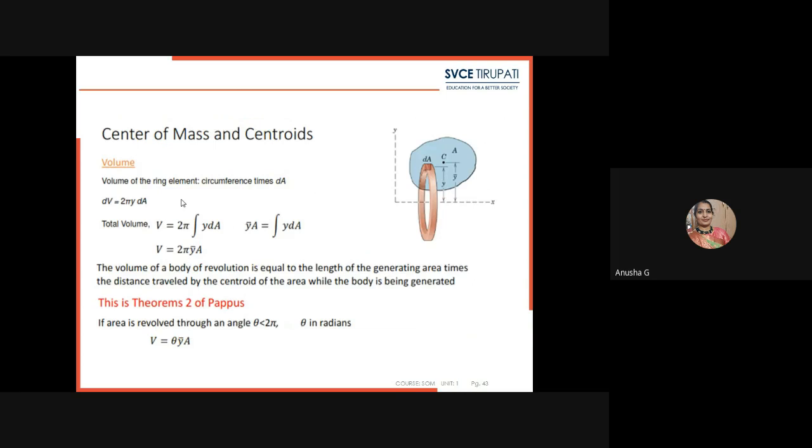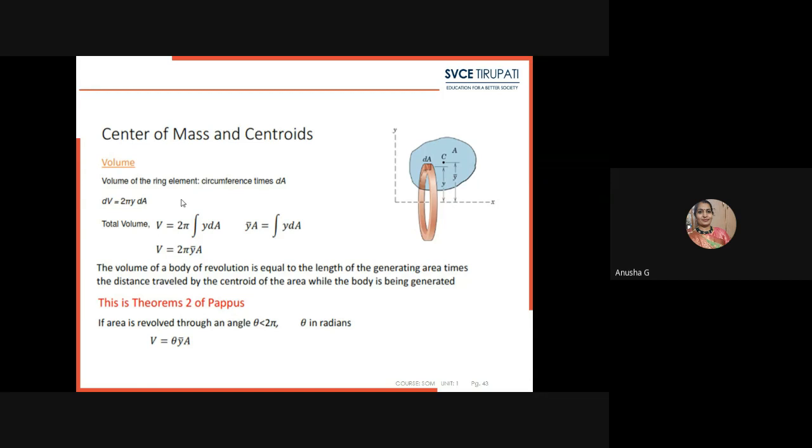The second theorem of Pappus explains the volume. Here the volume of that element gives the circumference with respect to the differential area. To calculate the volume, we take dV equals 2 pi y into dA.